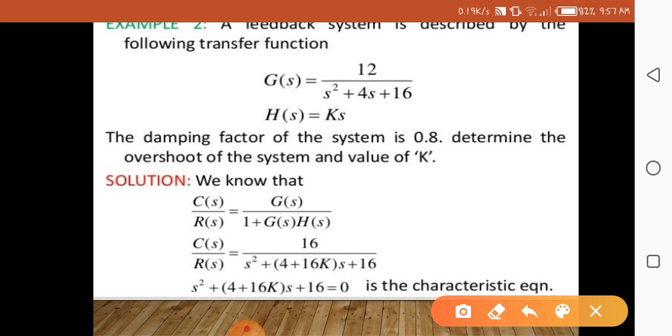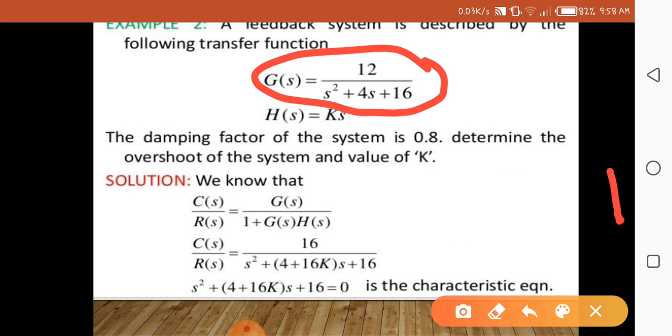Next, second question. A feedback system is described by the following transfer functions: G of s equal to 12 by s square plus 4s plus 16, and H of s equal to ks. The damping factor of the system is 0.8. Determine the overshoot of the system and the value of k.